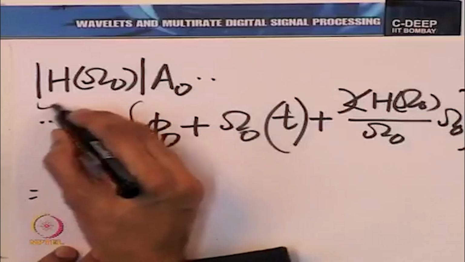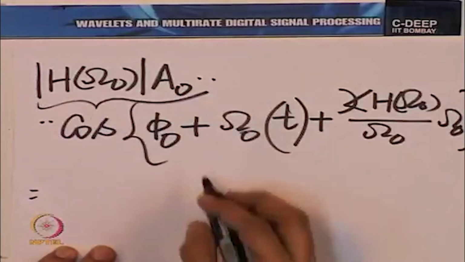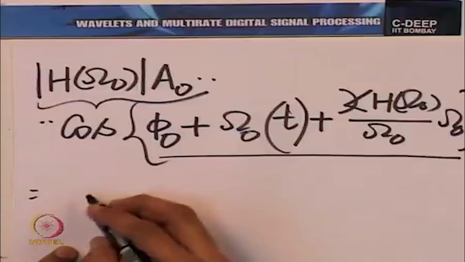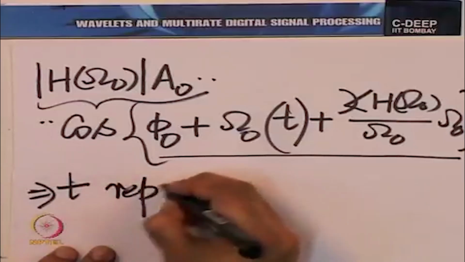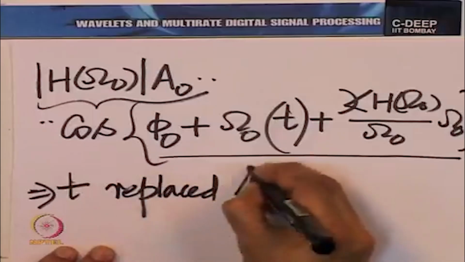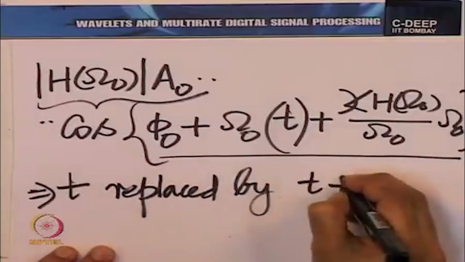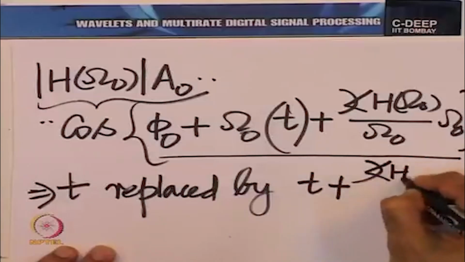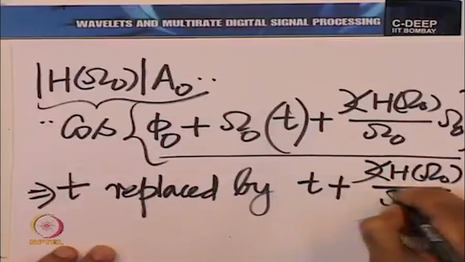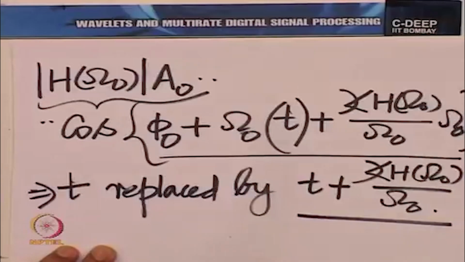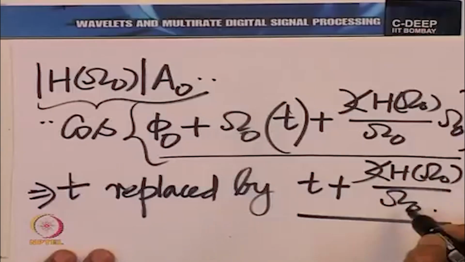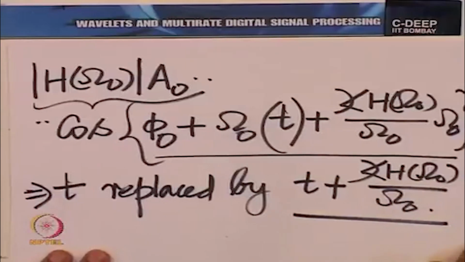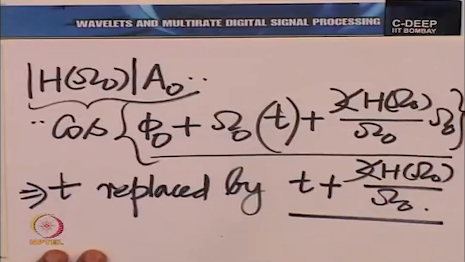Forgetting about this part, this part is essentially a change of magnitude. It is only this part which I wish to focus on. t has been replaced by t plus angle H(Ω₀) by Ω₀. So, essentially this quantity, angle H(Ω₀) divided by Ω₀, is like a time shift. Is that right? It is an important observation we make.